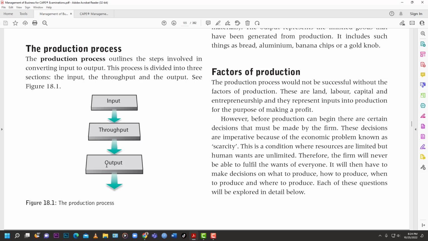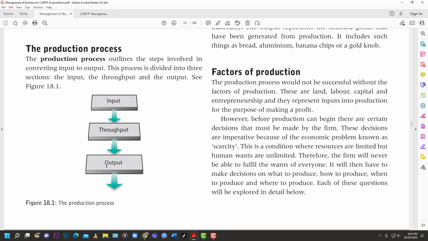So for example, you might have your flour, and then you bake the flour, so that's the throughput, and the output would be bread. That's one example right there. You might have the banana and all the raw materials, you fry them, bake them, whatever, that's the throughput.